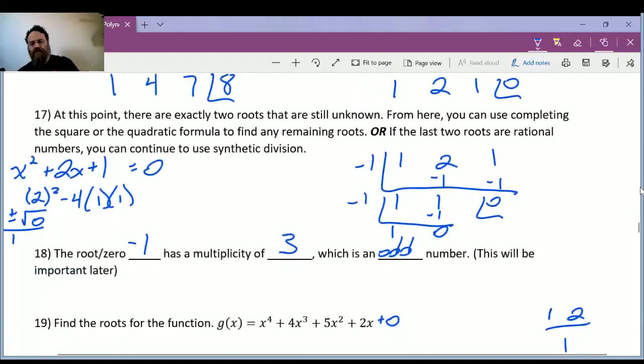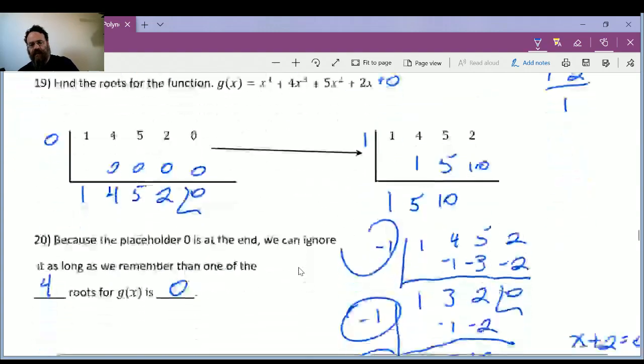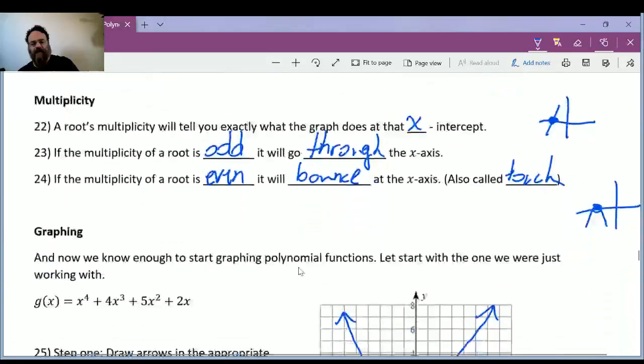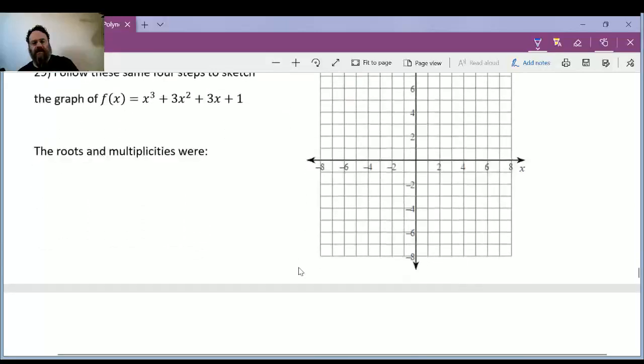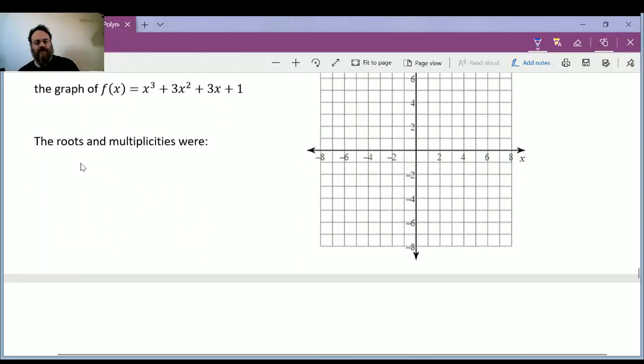For this one, we found that -1 had a multiplicity of 3. So here is -1 with a multiplicity of 3.